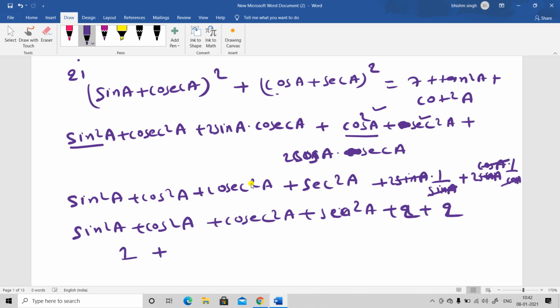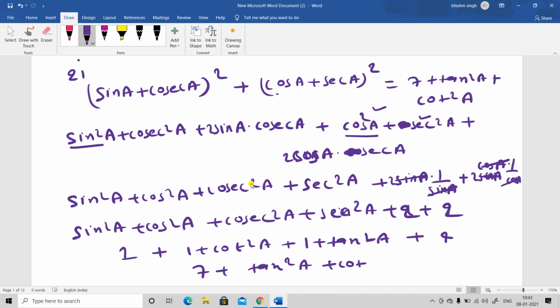For cosec square A, you know the formula cosec square A minus cot square A is equal to 1, so cosec square A is 1 plus cot square A. And sec square A minus tan square A is equal to 1, so sec square A is 1 plus tan square A. All these formulas are given in the book. So 4 plus 1 plus 1 plus 1, that is 7 plus tan square A plus cot square A.